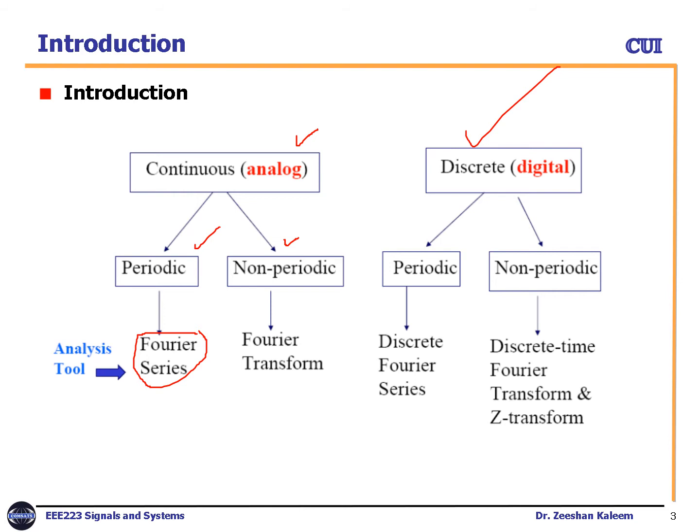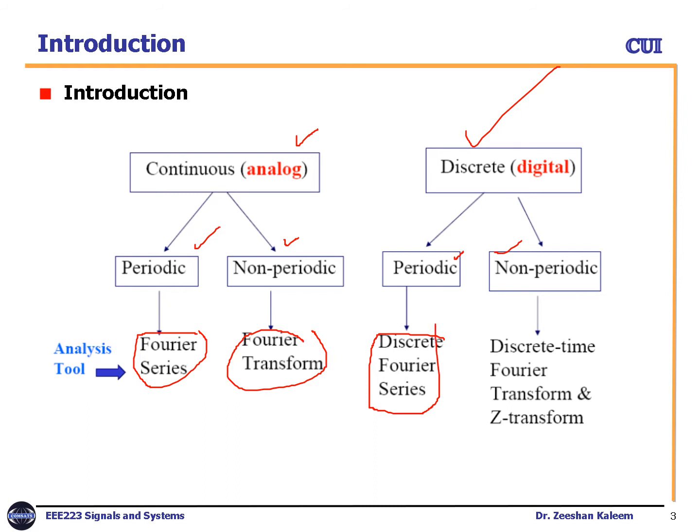From now on, we will focus on non-periodic signals, for which the analysis tool is the Fourier transform. So this will be the main topic of this video as well. Similarly, for the discrete or digital case, there are two types: periodic and non-periodic. For periodic, we already covered the discrete Fourier series in the previous chapter.